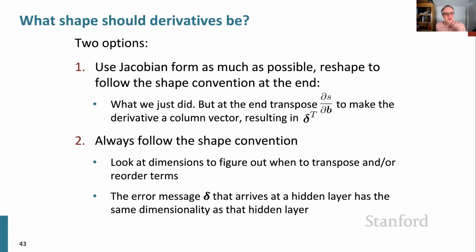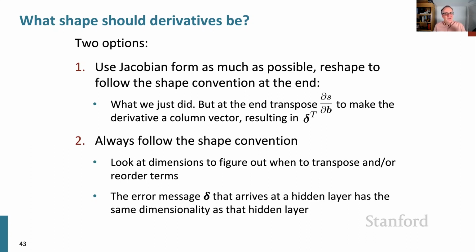If you're trying to do it immediately with the shape convention, it's a little bit more hacky in a way, since you have to look at the dimensions for what you want and figure out when to transpose or to reshape the matrix to be at the right shape. But the kind of informal reasoning that I gave is what you do and what works.